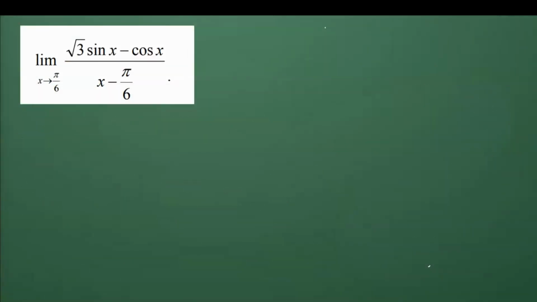The question here is to evaluate this function for limit x tending to pi by 6. So what we are going to do is to apply trigonometric identities over here. And for that, we have to divide the numerator and denominator by 2. So first I'll write limit x tends to pi by 6. Now I'm going to multiply and divide it by 2.